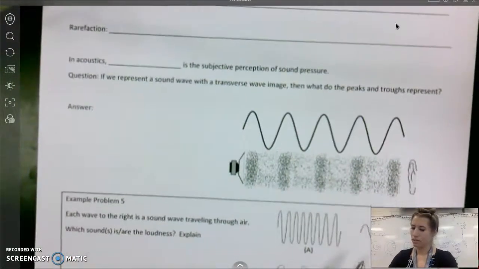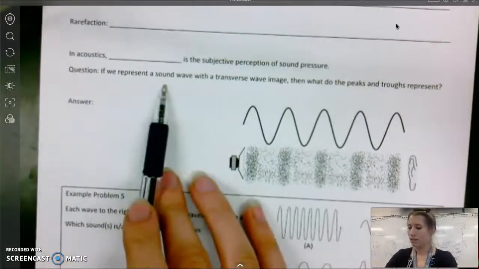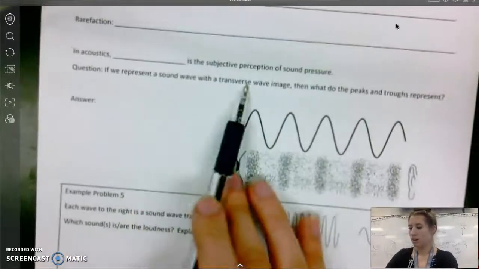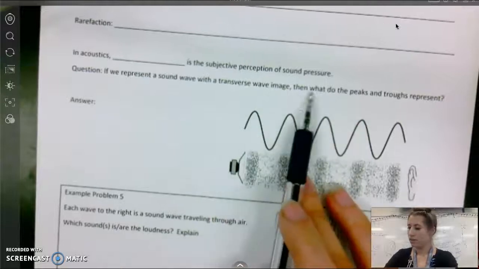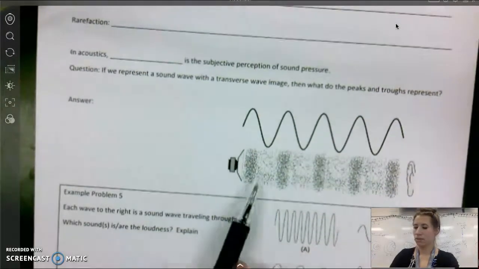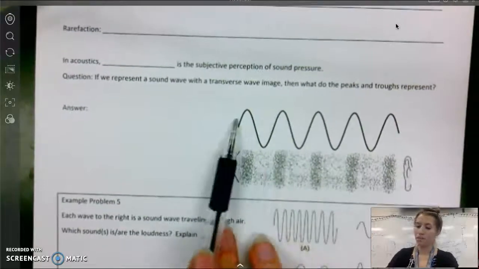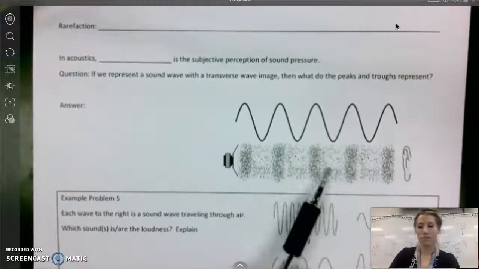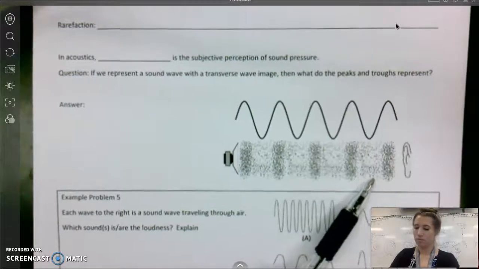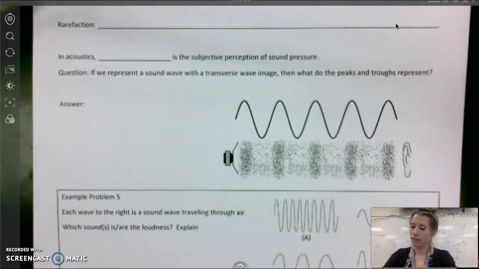Okay. If we represent a sound wave with a transverse wave image, then what do the peaks and the troughs represent? So here is our sound wave, right? And then we have this transverse wave that's representing the sound wave. So let's look at this.